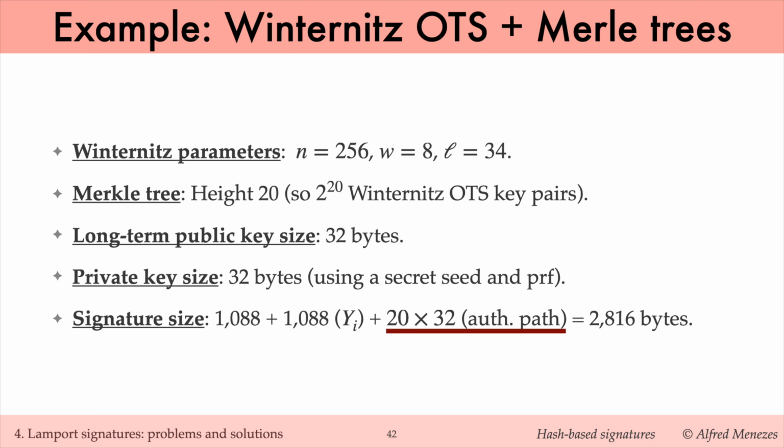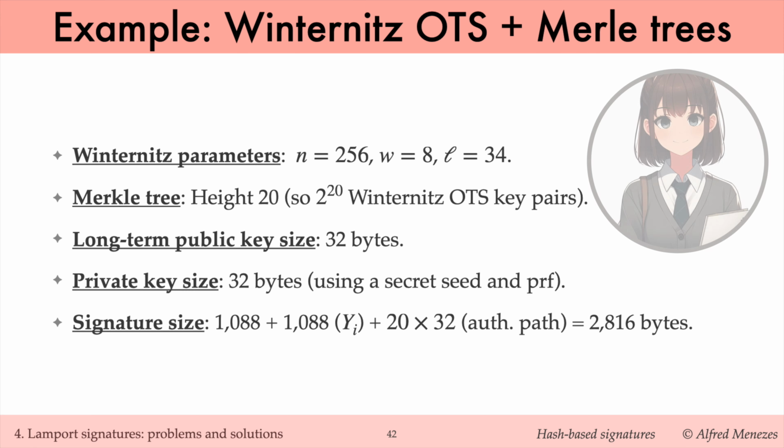Since each hash value is 32 bytes long, the total signature size is 2816 bytes. Thus, the Merkle tree results in a very small long-term public key, substantially increased functionality, allowing 1 million signatures without changing the long-term public key, and only a modest increase in signature size, from 1088 bytes to 2816 bytes.